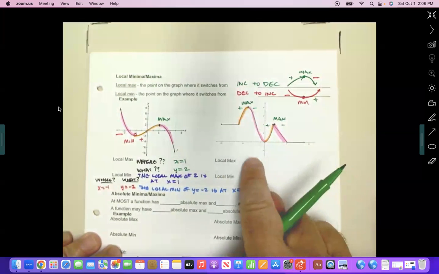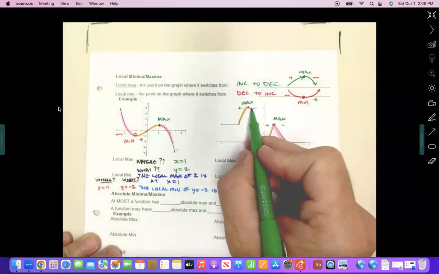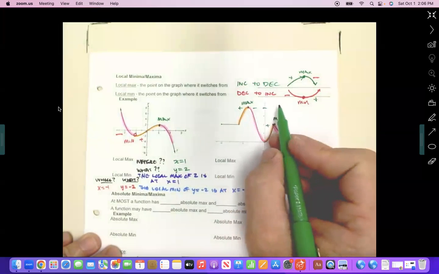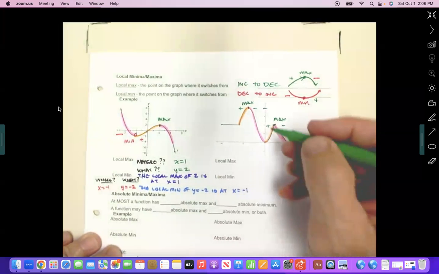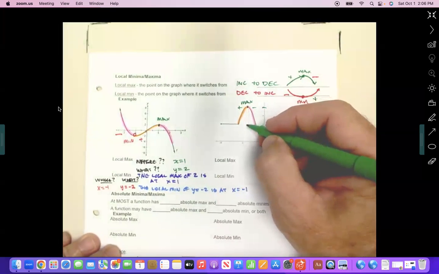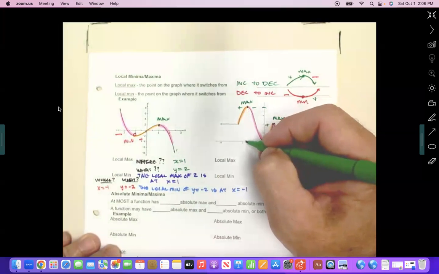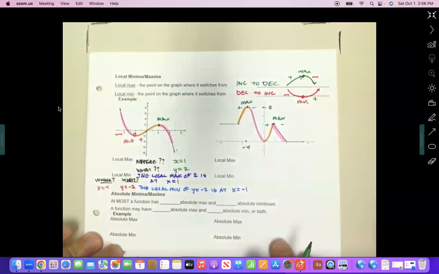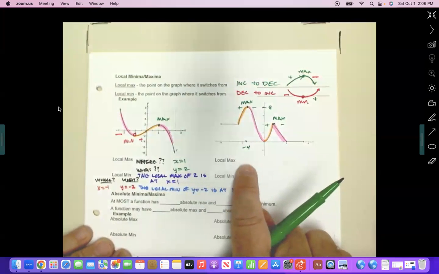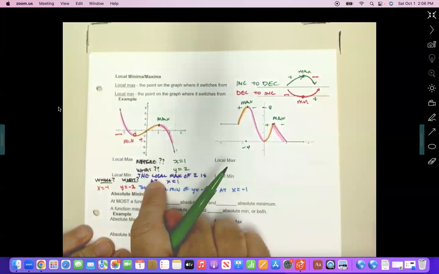So our local max, in this case, it appears to be a value of 8. So we would have at 8, and our x value appears to be at -4.